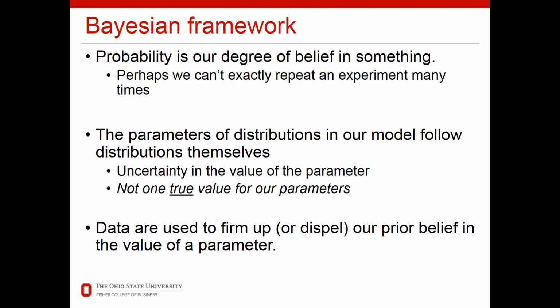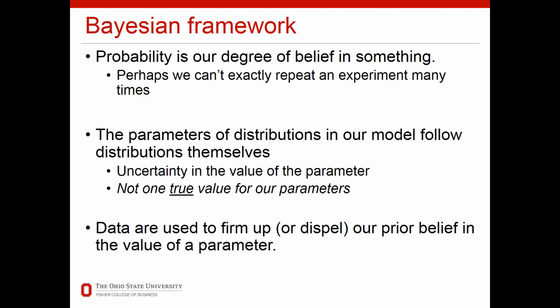Then I collect data. Well, where do I think P is now? Remember I assumed that the coin could be anything. Then I flipped it a bunch and I got 49 out of 50 heads. Well, that updated my initial belief to say it's probably going to be about 90% heads. But maybe I'd say between 90 and 95%, because it would give me a range. Why would I say a range?